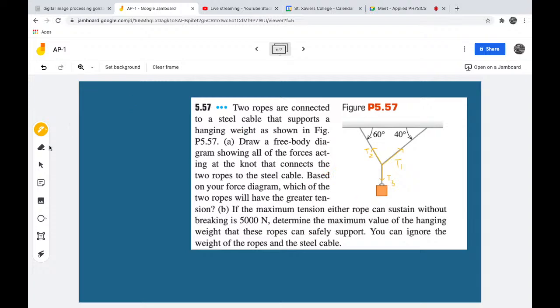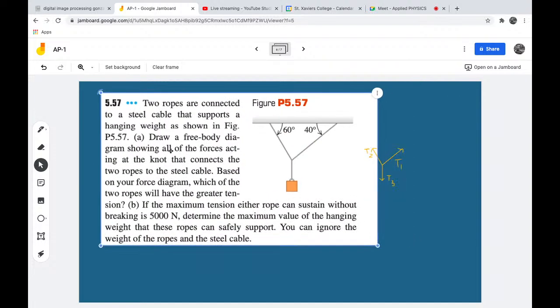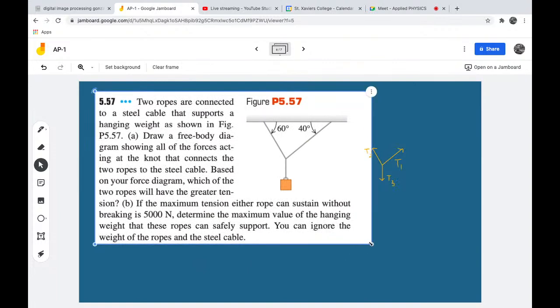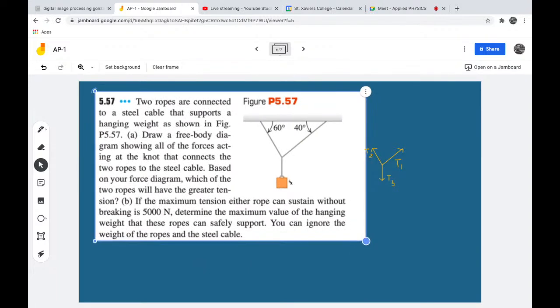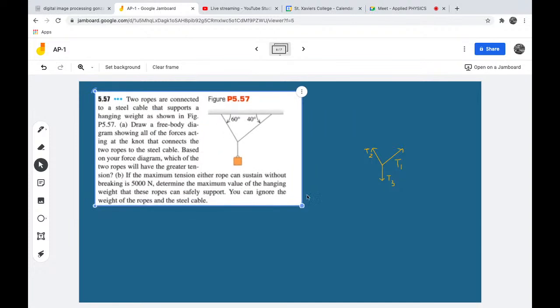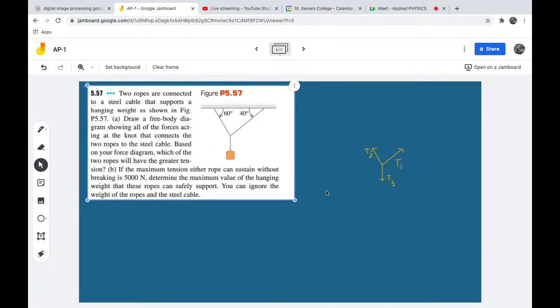Now once I have drawn it, the technology gives me an option to remove my figure and retain my free body diagram. Isn't it beautiful? I could not have done this on a blackboard.